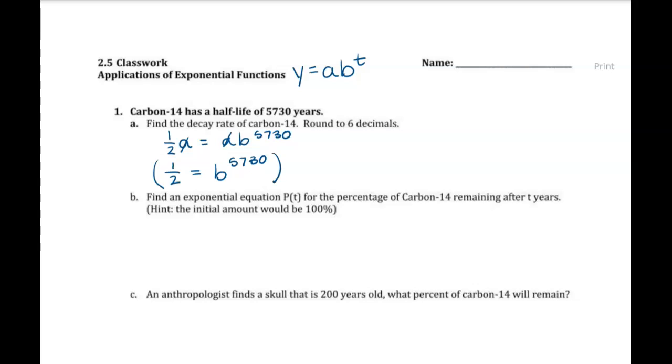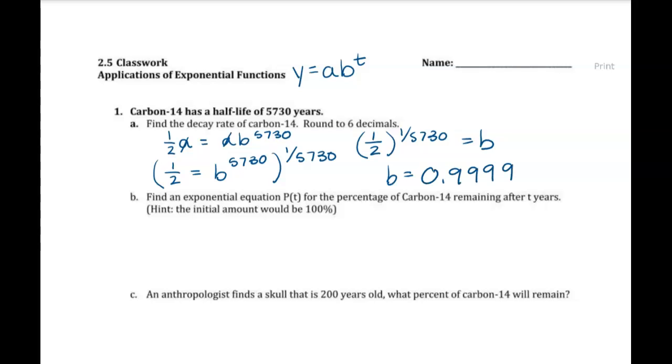To cancel out that power, we'll do both sides to the power of 1 over 5,730. So if you multiply this by the fraction, you end up with b by itself. So you end up with 1/2 to the power of 1 over 5730 is equal to b, and that's just calculator work. Your b should be 0.9999.